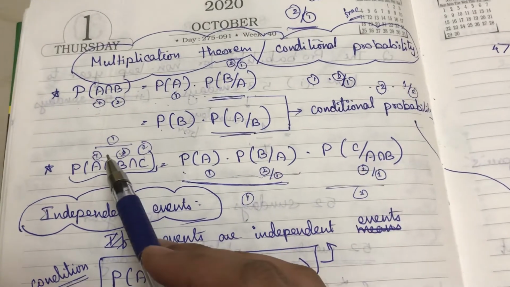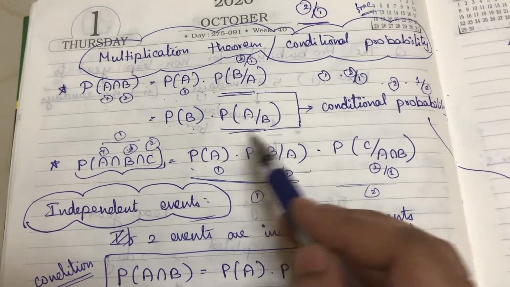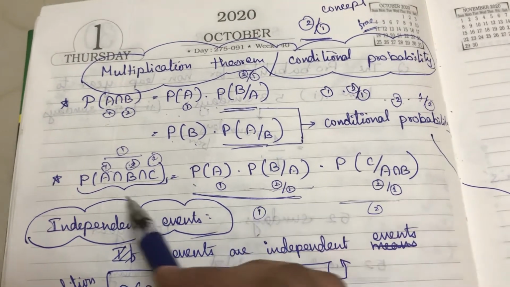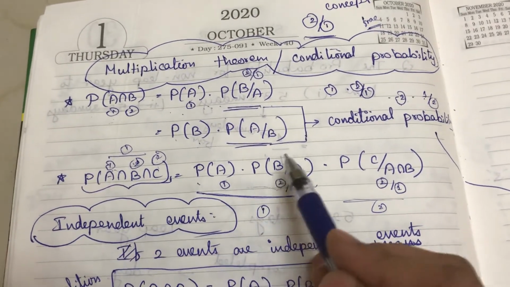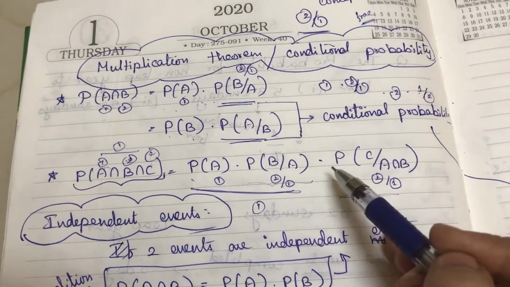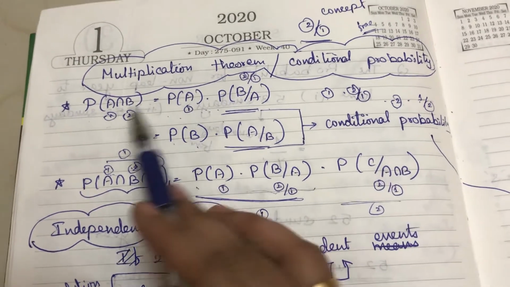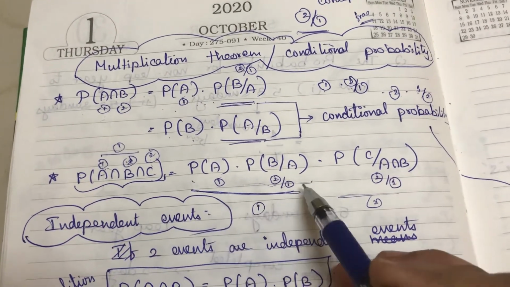So what is the concept here? 1 into 2 by 1, right? 1 is P of A and B. So the formula is P of A and B into P of C by A and B.